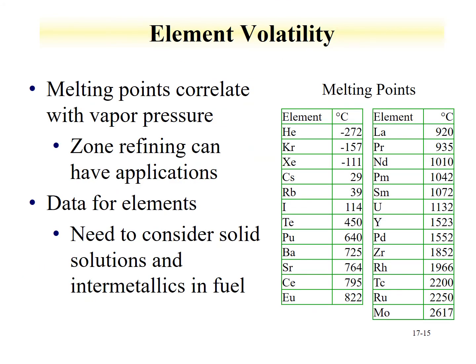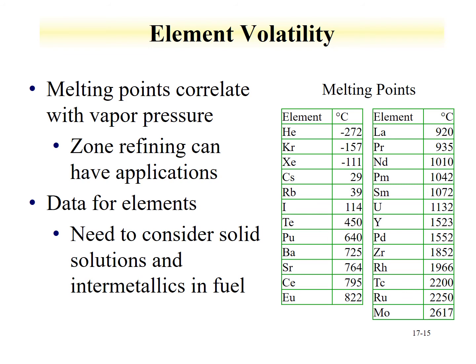Similar to the AIROX treatment of oxide fuel, metallic fuel can also be treated and volatility can be used to separate out elements. Heating a system, obviously one would remove the noble gases readily. You can apply a vacuum and pull off some elements such as iodine. You can also use this as a zone refining technique.